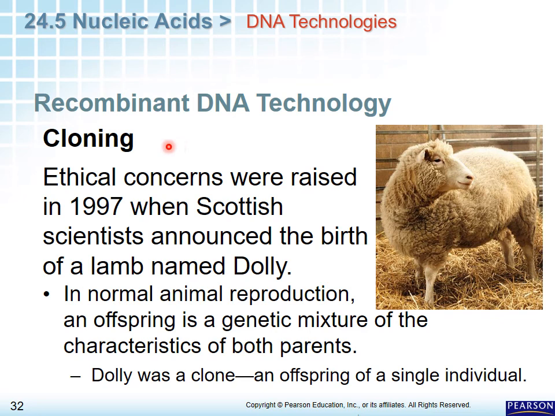Now, the most common is cloning as well. Ethical concerns were raised in 1997 when Scottish scientists announced the birth of a lamb named Dolly. In normal animal reproduction, an offspring is a genetic mixture of the characteristics of both parents.